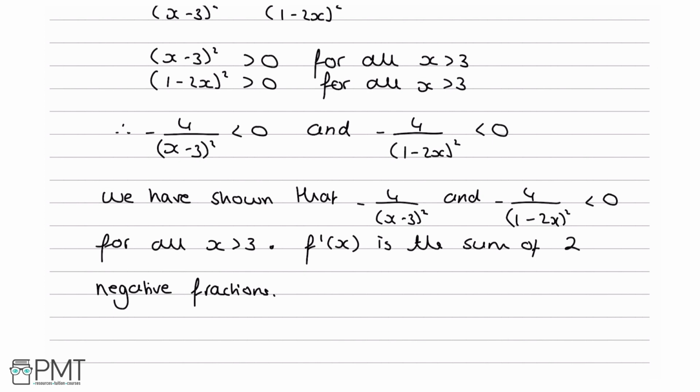Negative plus a negative is always even more negative. So we need to say now, therefore, f'(x) is less than 0, because it is the sum of two negative functions. And then from here we conclude and say this implies that f(x) is decreasing.